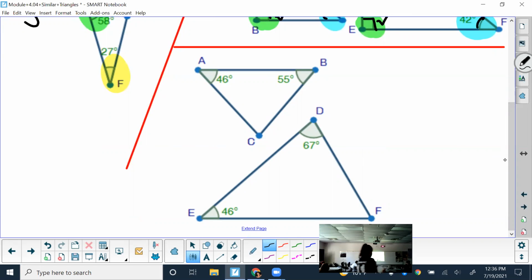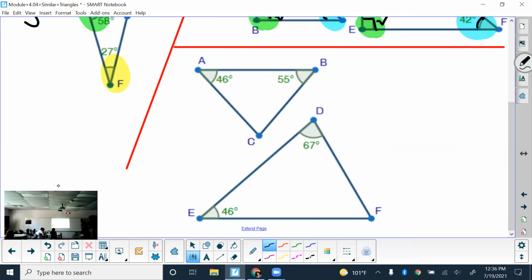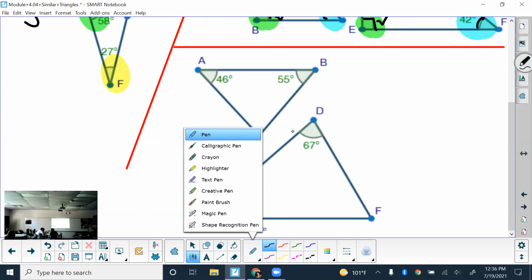All right, I've heard one answer. What does everyone else think? Similar or not? All right, so what are my corresponding angles?